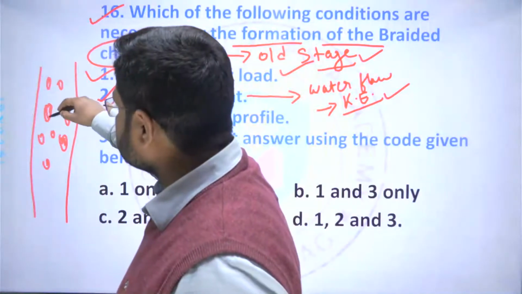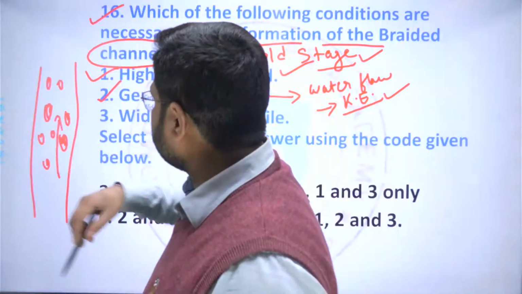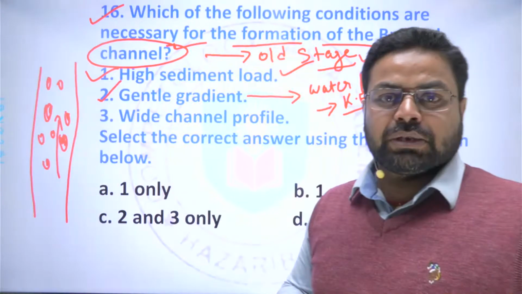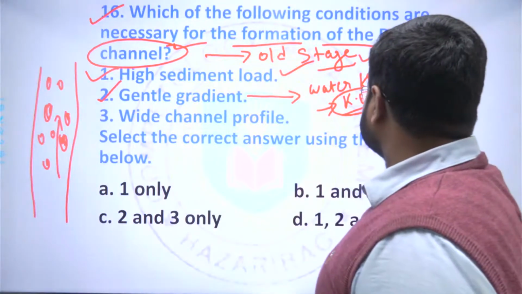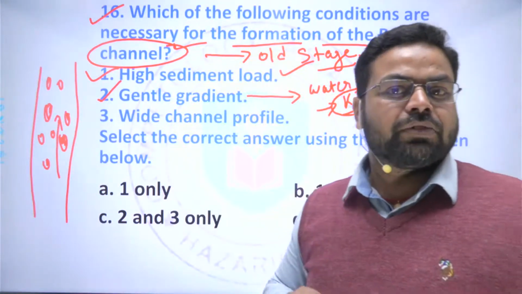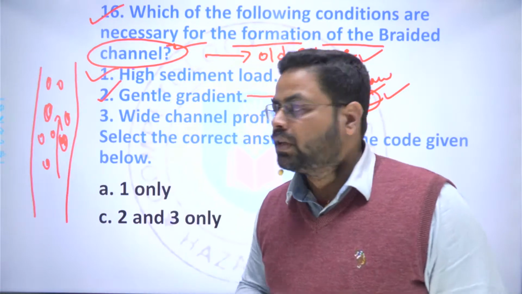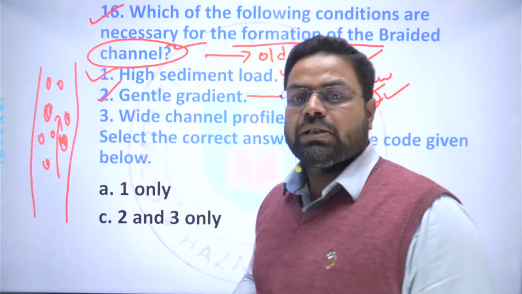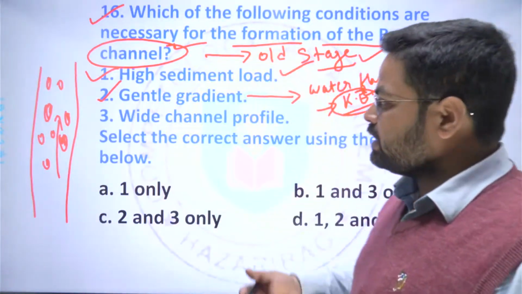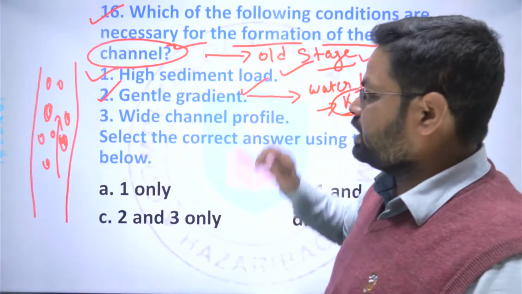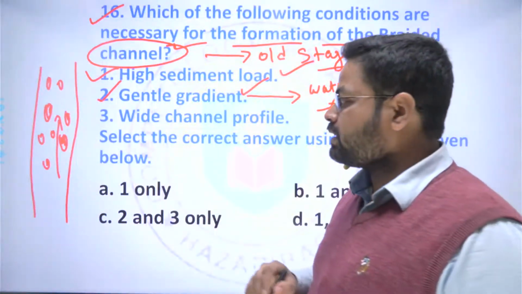These depositions will not occur if there is a high gradient, because of the high kinetic energy available in the water flow, which will be capable of taking away the sediment and eroding it. That is why there should be a gentle gradient. So this statement is again correct.